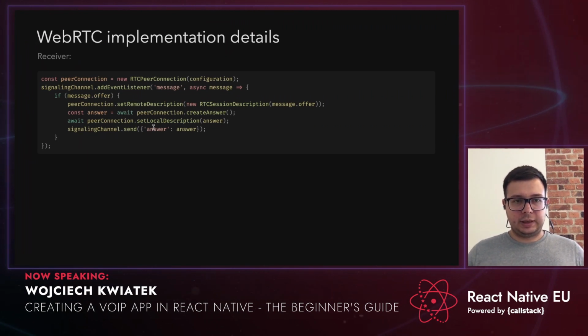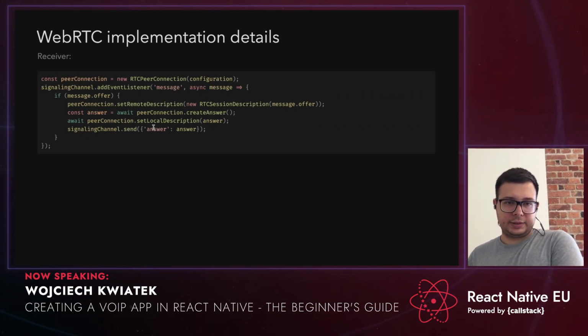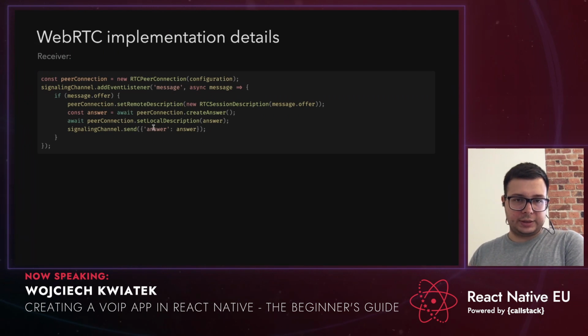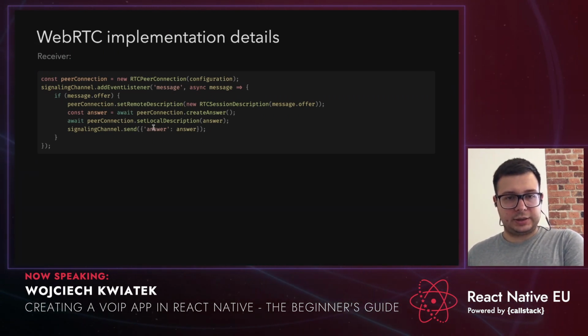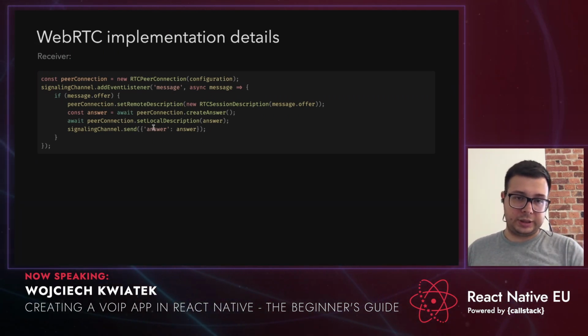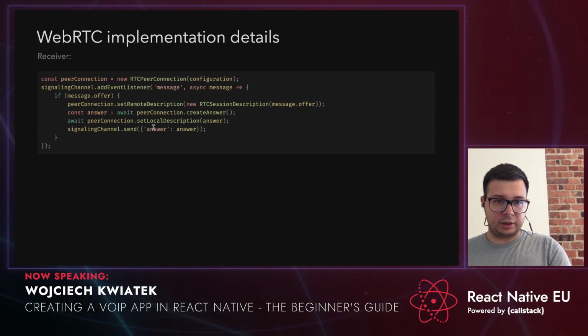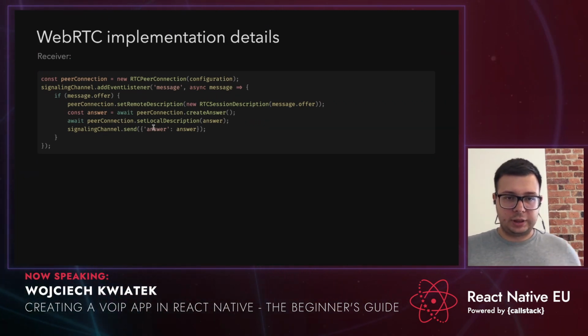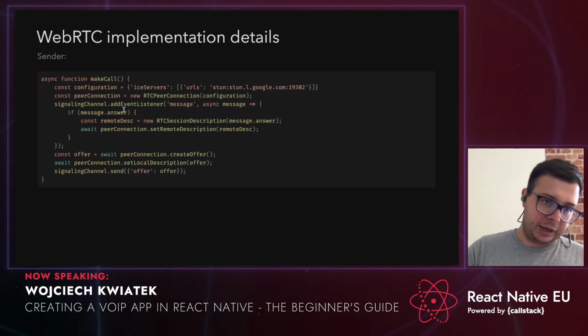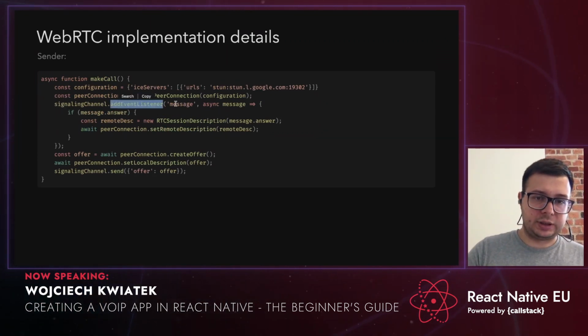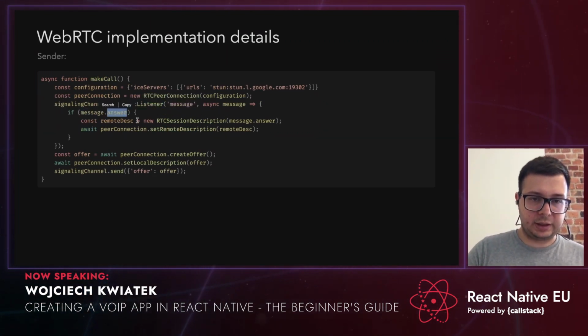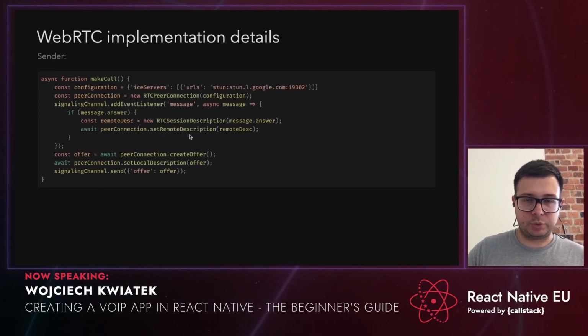So basically, the receiver gets the offer, sets the offer as a remote description, creates the answer, sets it as a local description, and puts the answer back. And back to the sender, we have an event listener for the message with the answer, where we are setting the remote description.